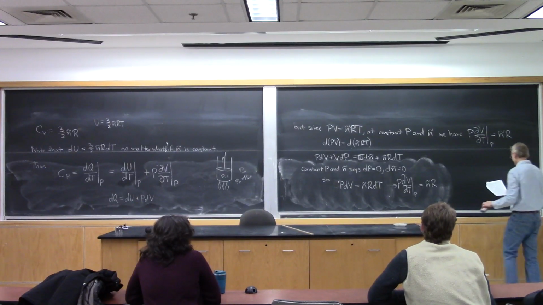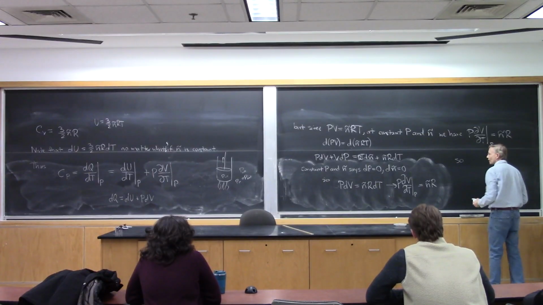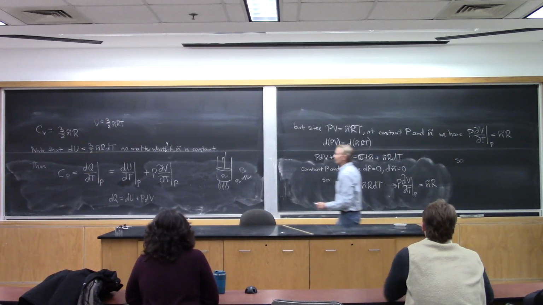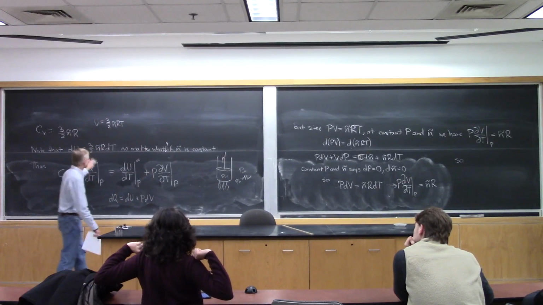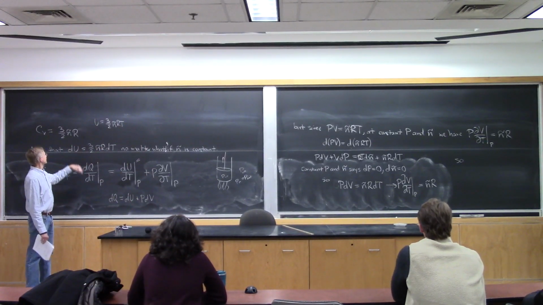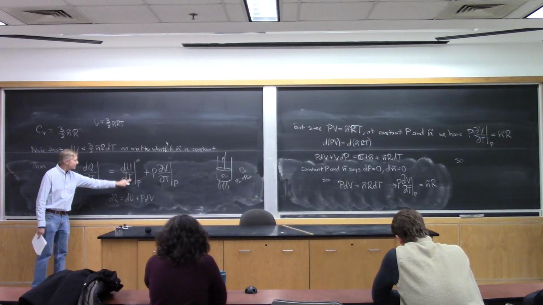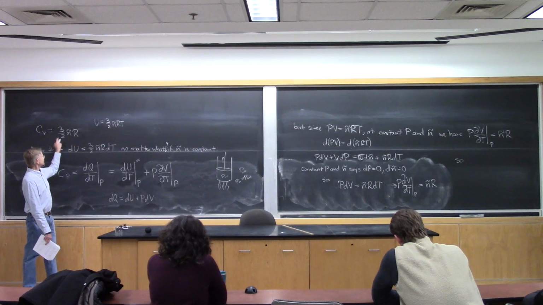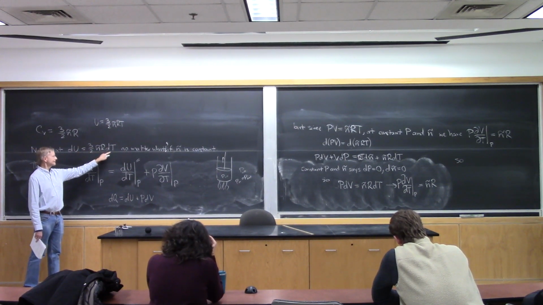Okay, so we already know that this is still going to be 3/2 N tilde R. It's going to be the same thing as CV because this derivative is always 3/2 N R because dU is always 3/2 N tilde R dT here.